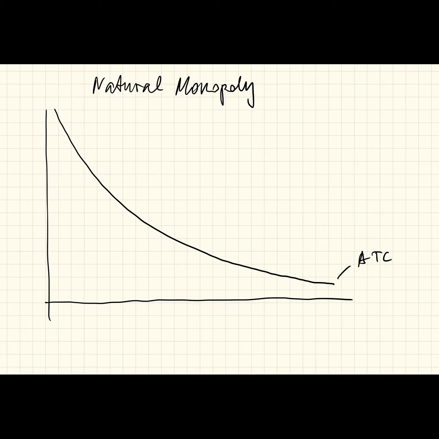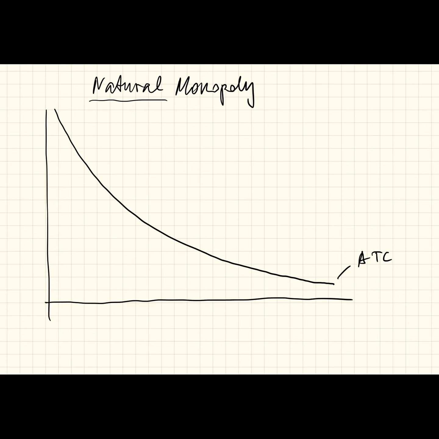And in such a case, having one company just makes sense. So that's why it's called natural monopoly. Splitting the industry between different companies to improve competition wouldn't really work in this case.